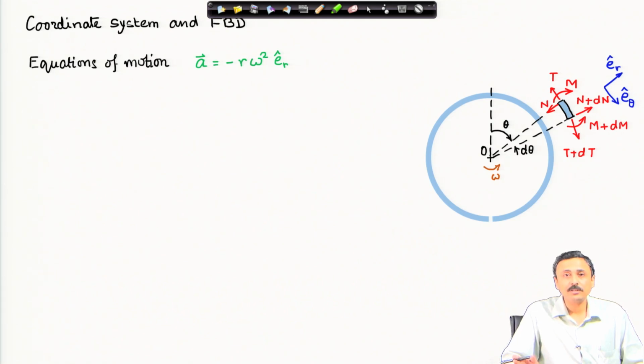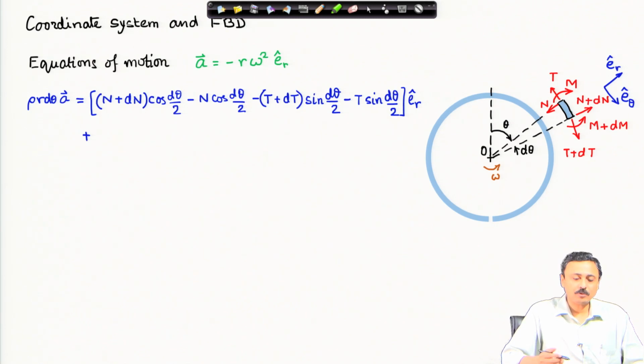Therefore, no Coriolis acceleration, no radial acceleration, and no tangential acceleration, because the ring is rotating at a constant angular velocity. Therefore, the only acceleration that we have is the centripetal acceleration, minus r omega squared e_r cap.